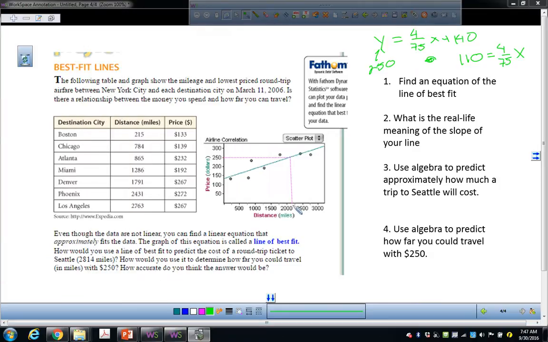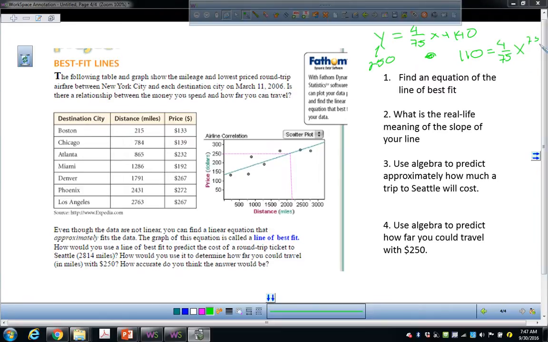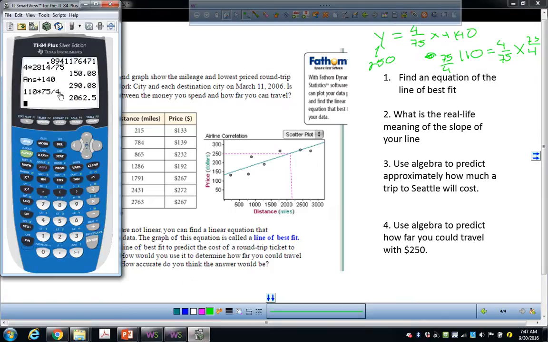Which is kind of off, but did I not do that right? Yeah, you multiply both sides by 75 over 4. That's what I did with my calculator, right? So I think I did it right. 75 divided by 4, 2,062. So I was a little bit off, but it's all an approximation. Questions about that?